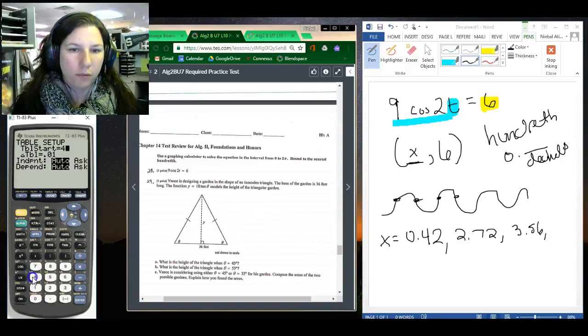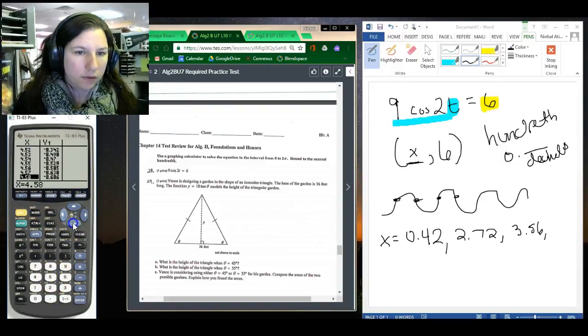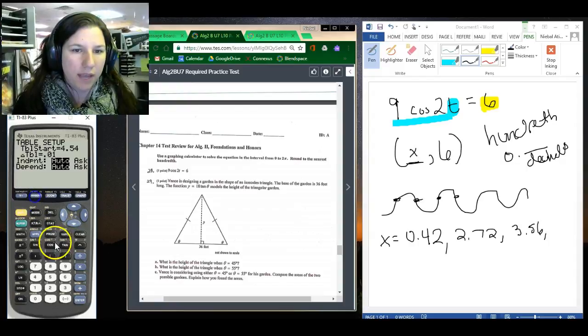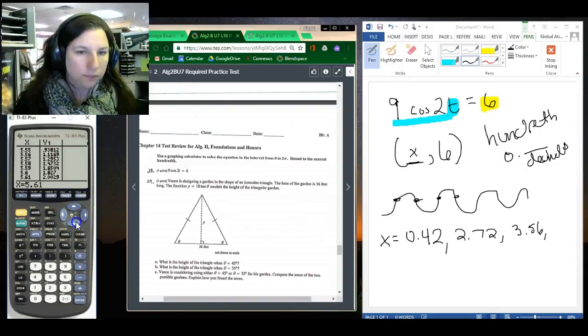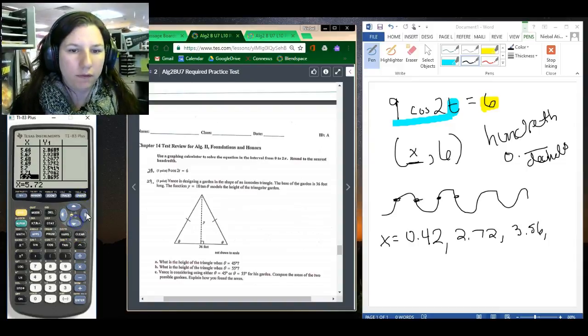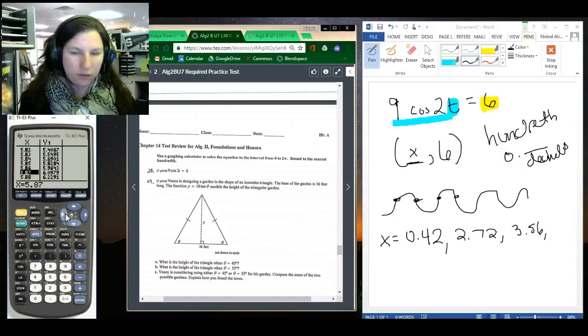Let's go to 4.5. Still negatives. Let's try 5.5. Okay, and we're looking for 6 again. Almost. There we go. 5.87.